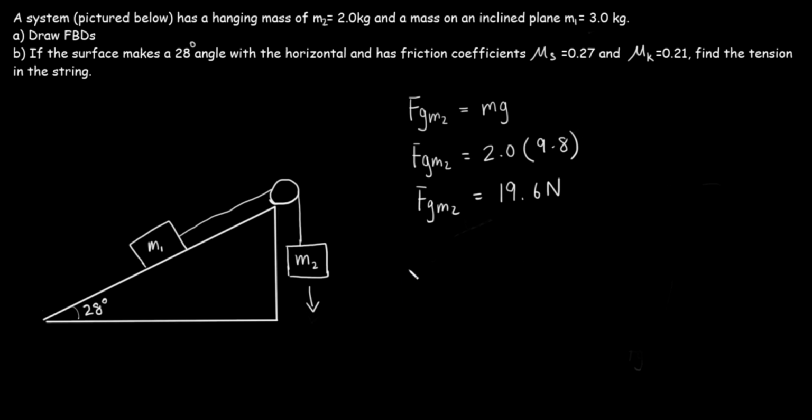Now let's calculate the force of gravity on mass 1. Well, in this case, it's not going to be mg, because for mass 1, Fg, it's pulling it in this direction. So what we want to do is to draw a triangle like this.